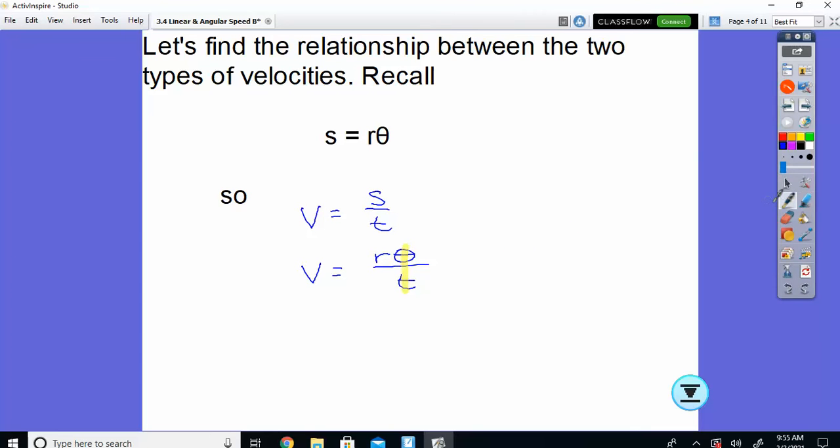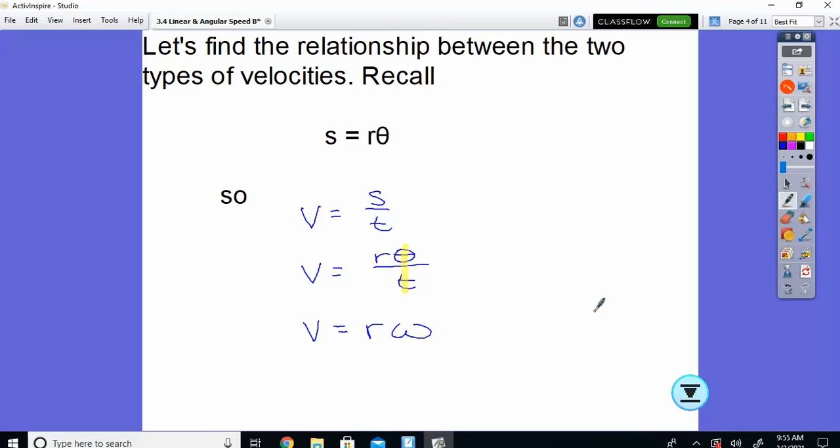But the last formula, I just told you that theta over t is omega. So this is where that final formula comes from. The v equals r omega is how to go back and forth between linear and angular velocities.